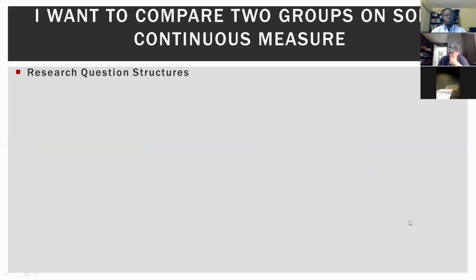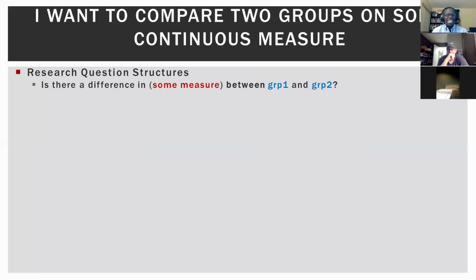Now, research question structure. Generally, the structure for the independent samples t-test is: is there a difference in some measure between group 1 and group 2? So the red indicates the dependent variable or the continuous variable. The blue indicates the groups of the independent variable, all right?